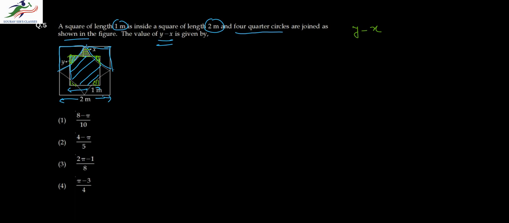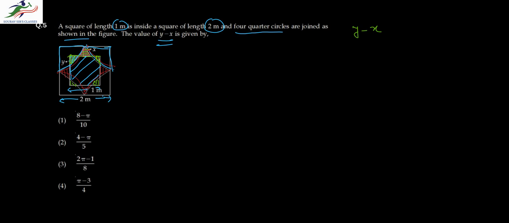And to this area, if I add these 4 areas, which are nothing but x and which are symmetrical, then I get the area that is represented by these 4 curved lines.